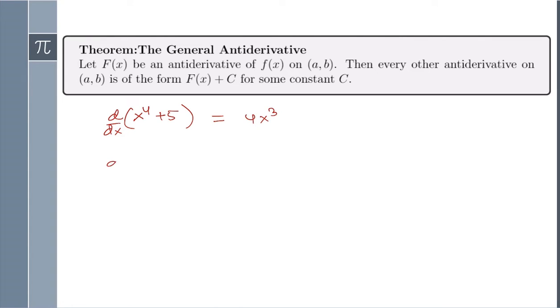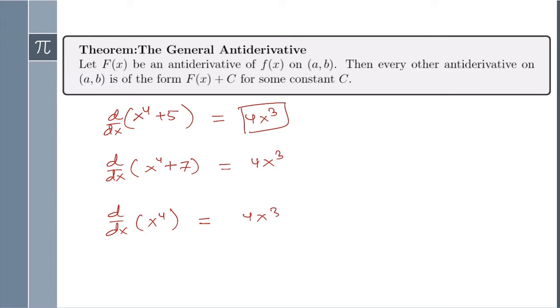And then if we take another function, let's say x to the fourth plus 7, if we find the derivative, then we get 4x cubed. Or if I take a function x to the fourth without any constant here, then I'm going to get 4x cubed. Now, if we are asked to find the antiderivative of 4x cubed, then this is also a possible antiderivative.